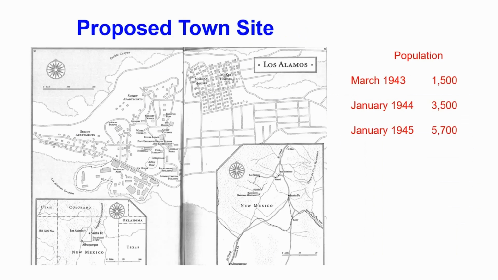The proposed site is on the left here, and they retained Miller Lodge, which was part of the Ranch School, and also they retained the houses of the instructors, and that was called Bathtub Row because they were the only houses on the hill that had bathtubs.